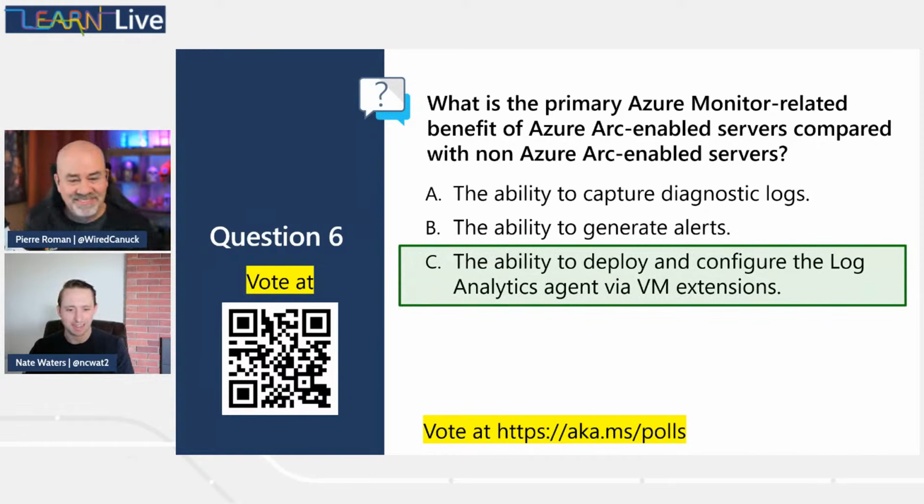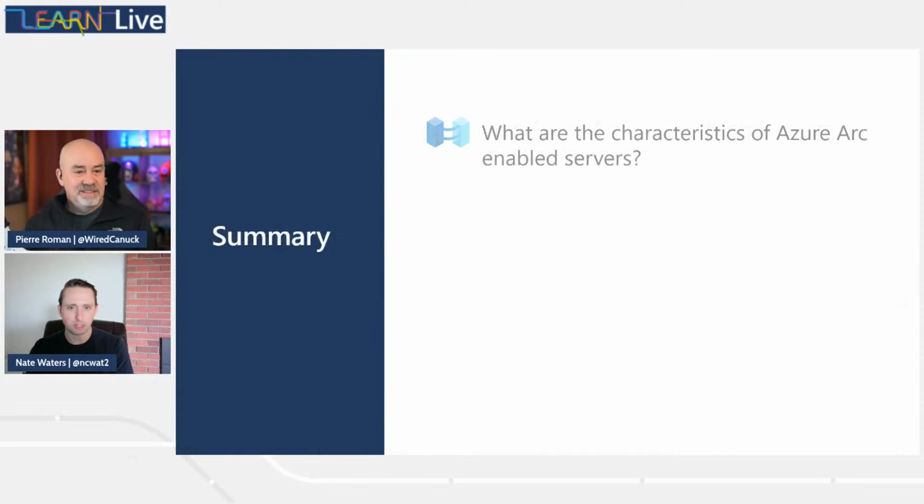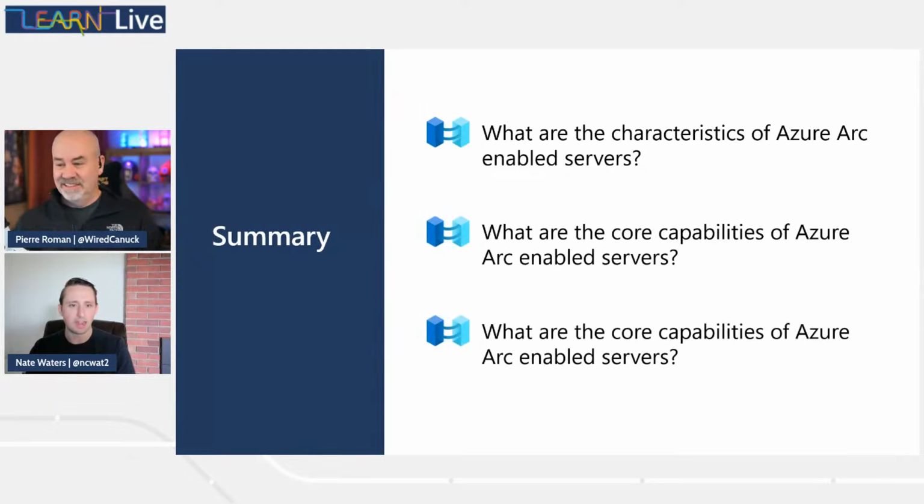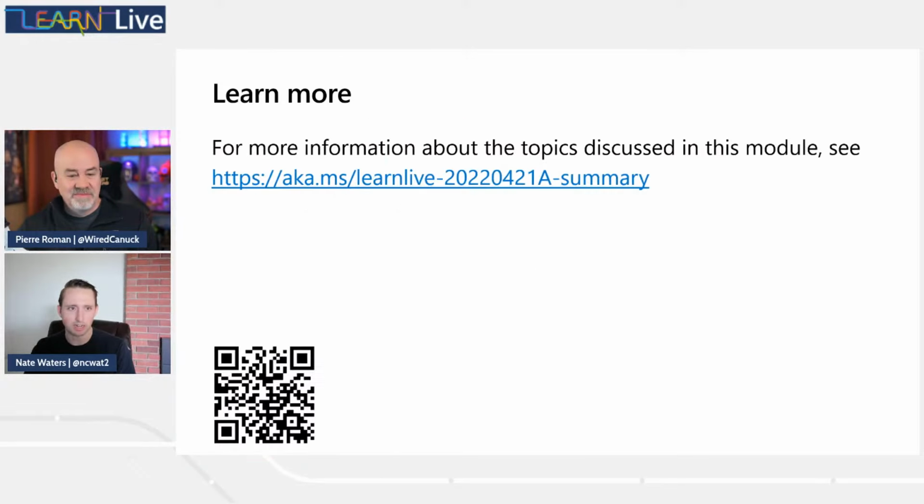Yeah, absolutely. Well, this brings us pretty much to the end. We talked today about the characteristics of Arc-enabled servers, the core capabilities, and our core management and governance scenarios. We really hope that you've enjoyed seeing all the benefits of Arc-enabled servers. And there's tons more on Arc-enabled Kubernetes and governing your Kubernetes clusters that run on-prem, Arc-enabled data services, Azure Stack HCI.